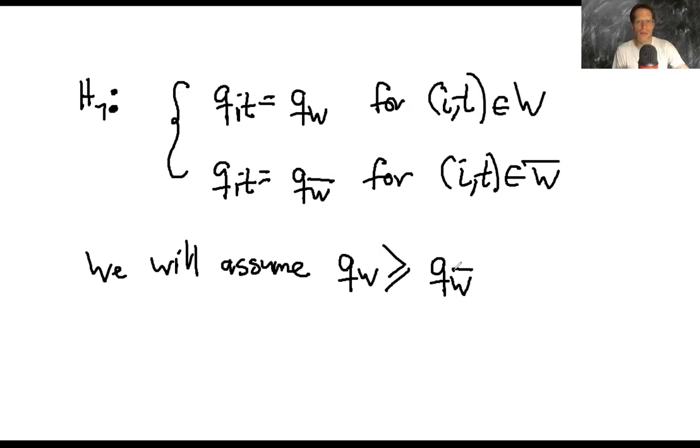Otherwise, it doesn't make a lot of sense to really look at it if it's lower there. So that's our alternative hypothesis, and that's what we try to look for. And let's go back to the slide then.